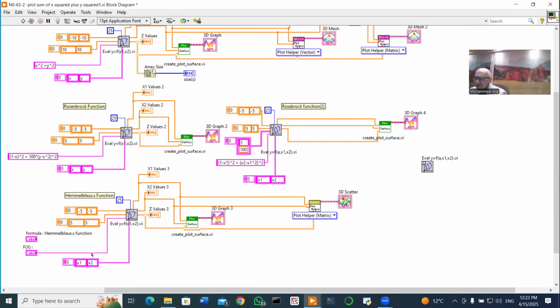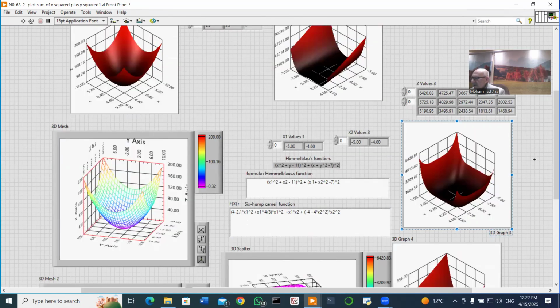In the real function, they are about -3, 3, -3, 3. And now I have done exactly the same as I have done before for the plot surface. And here, if we go to the block diagram, here is the three-dimensional plot of this function.